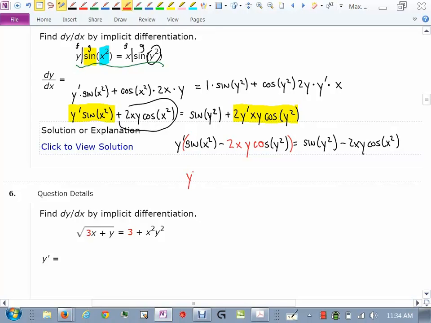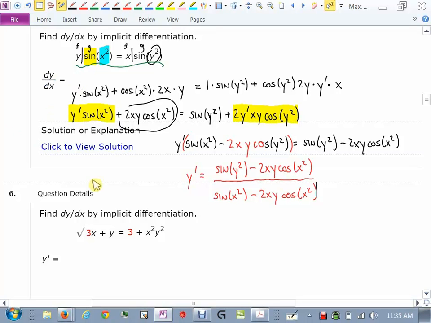So I finally get y prime equals, divide both sides by all that stuff in parentheses, and all over sine x squared minus 2xy cosine x squared. Be careful, you cannot cancel these, okay? Those don't cancel because you have two terms in the denominator, so you are not allowed to do that.